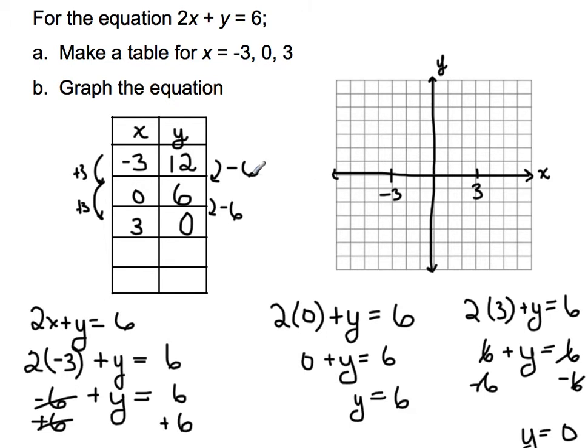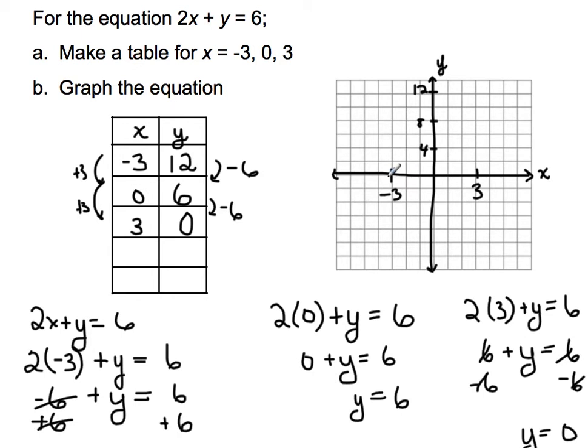And now I have 12 and 6. I'm just going to count this 1, 2, 3, 4, 5, 6. So I can go up every 2. So if this is 2, this is 4. This is 6, this is 8. This is 10, this is 12. So I have all my data on my grid.